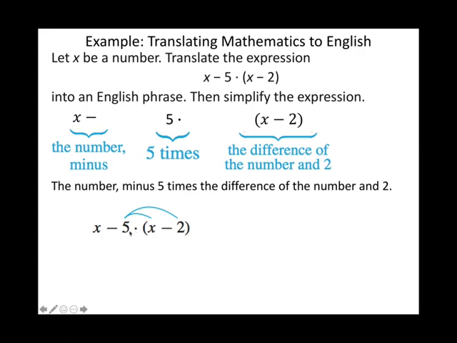So we're going to distribute the 5 one by one. That will be x minus 5x plus 10. Okay, negative, negative, you're going to get the positive. And then these two will be the like terms. So 1 minus 5 is going to be negative 4x plus 10. That's it.